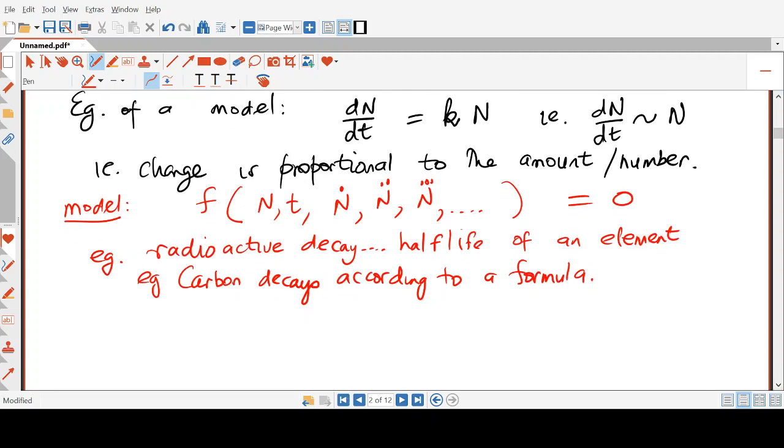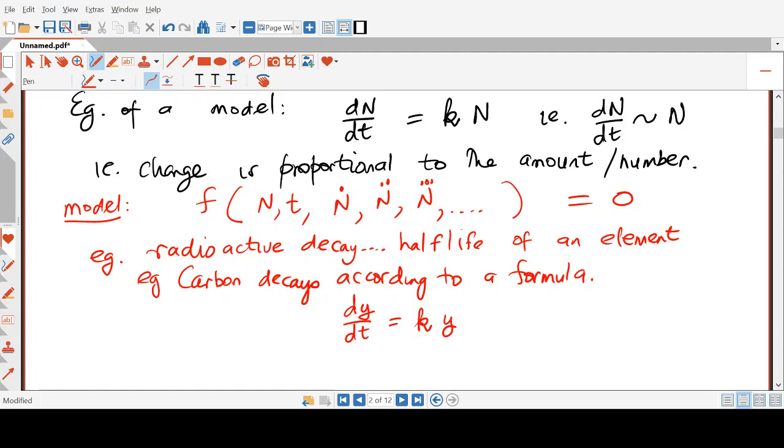And the formula is dy/dt equals k times y. It's proportional to the amount of carbon that's remaining. Where is carbon decay useful? Dating of old objects.